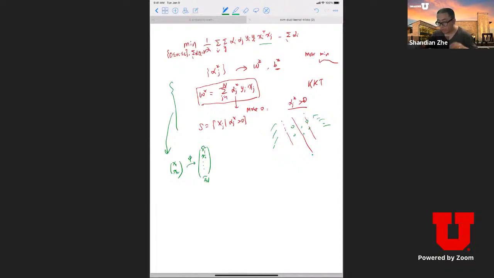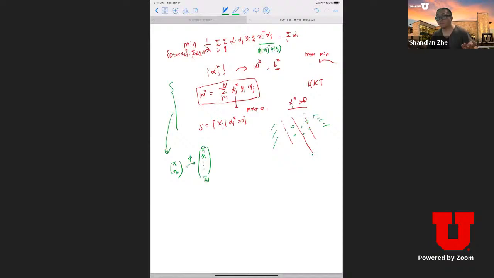So if we perform a feature mapping, we can just replace in the objective the inner product in the original space by the inner product after feature mapping, meaning that we just replace xi transpose xj by phi xi transpose phi xj.